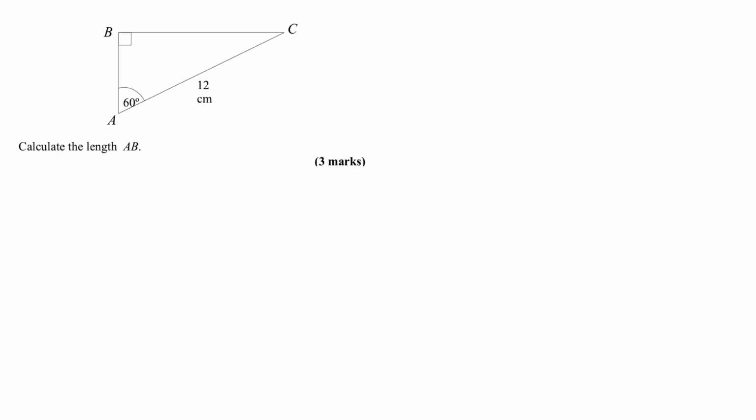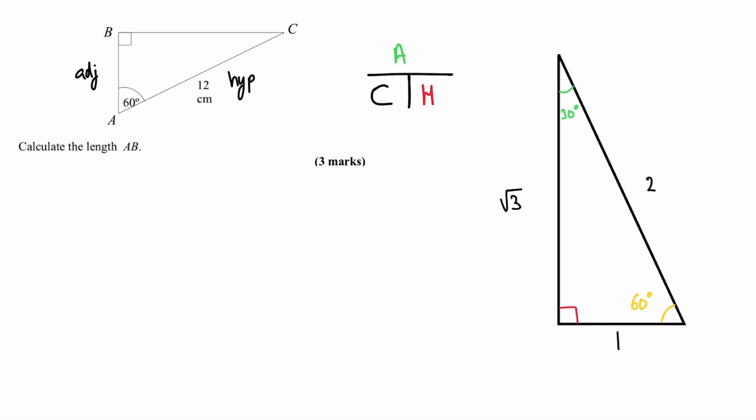This question is more of what you're likely to get in an exam. So it asks you to find the length AB. So first thing you should be doing is labeling what each side is. So we know that AB is the adjacent to the 60-degree angle and the 12 centimeter AC is the hypotenuse. Now, what we do here is we know we have to use the cosine formula because we have the adjacent and the hypotenuse, and because it's a 60-degree angle, we're using this triangle.